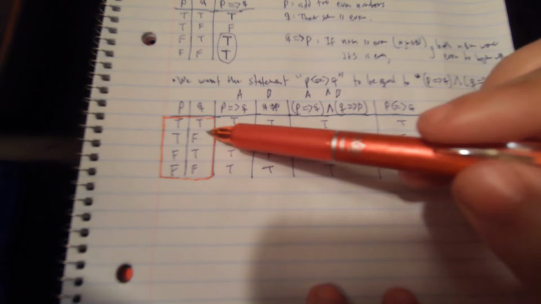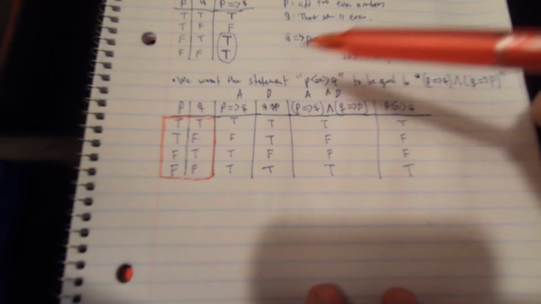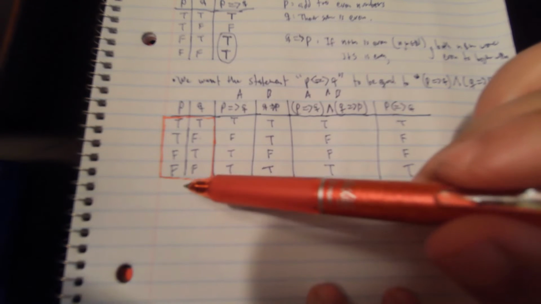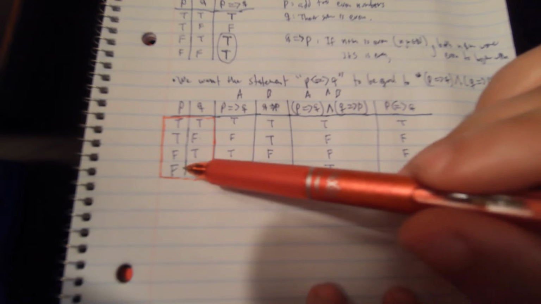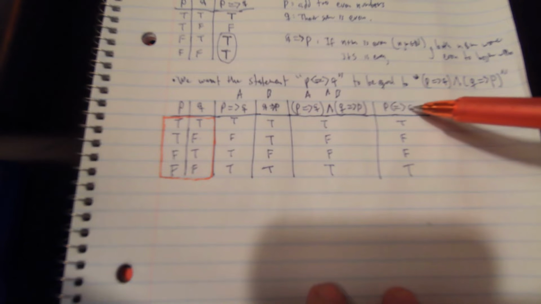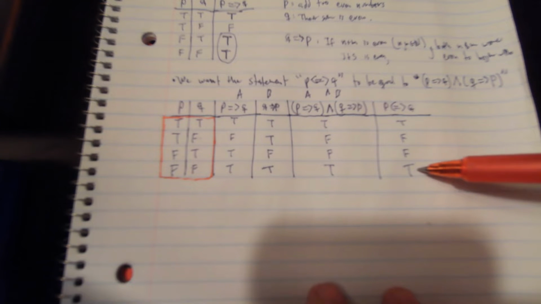If one's true but the other's false, then the statement is false. But if both of them are false, the statement P if and only if Q is true.